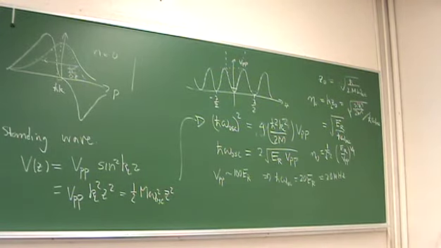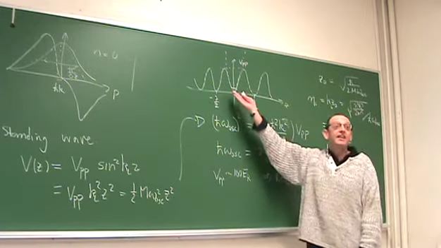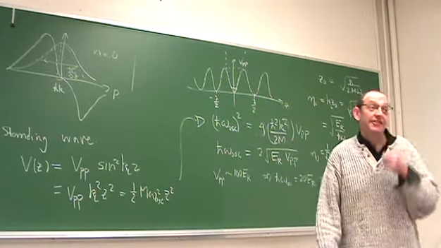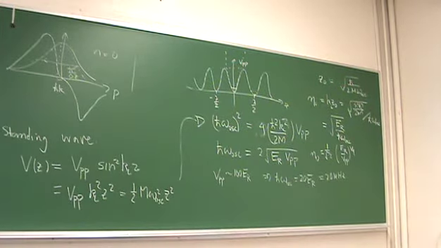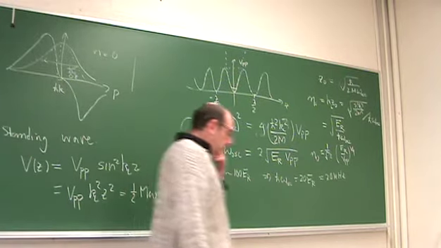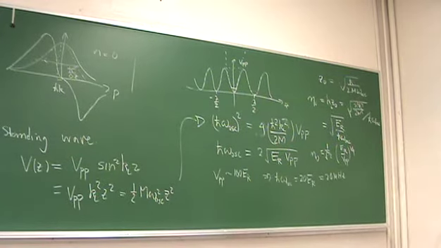So it's very hard to get very tight localization unless you're pretty close to resonance. But if you're pretty close to resonance, you're certainly not going to be able to do sub-Doppler cooling.